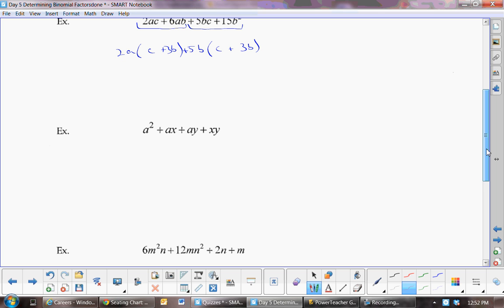Now, what do we notice? So it looks like the last page. We can take out a c plus 3b, leaving me with 2a plus 5b.